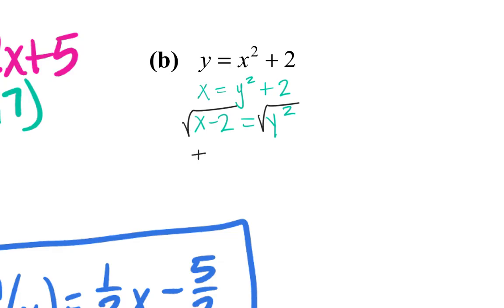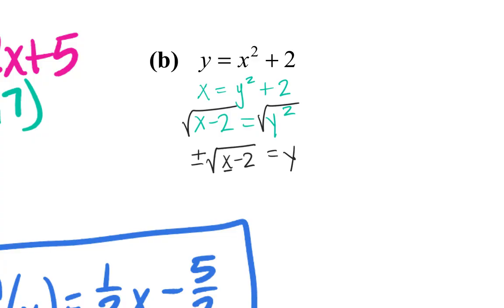So I get plus or minus the square root of x minus 2 equals y. That means whenever I plug in an x value here, I'm going to have 2 answers for my y, because when you take the square root, you get positive and negative values. So this is not 1-to-1 without there being some kind of parameter. So there's not an inverse.